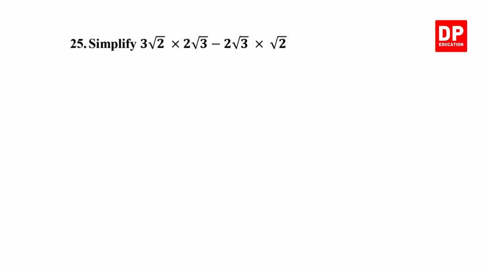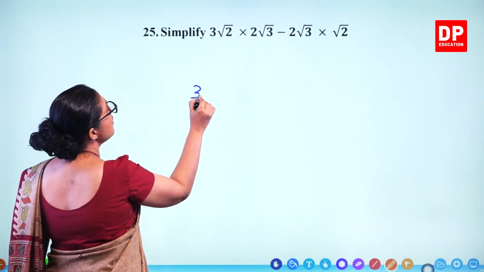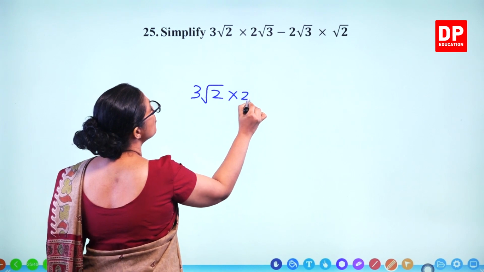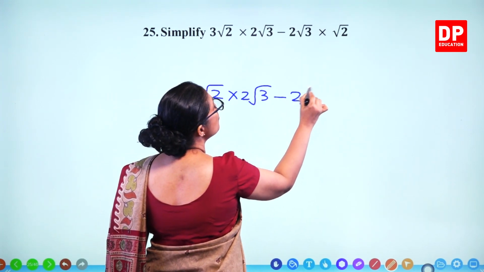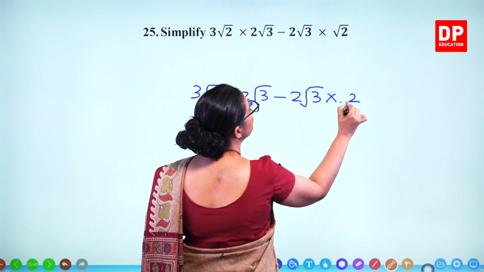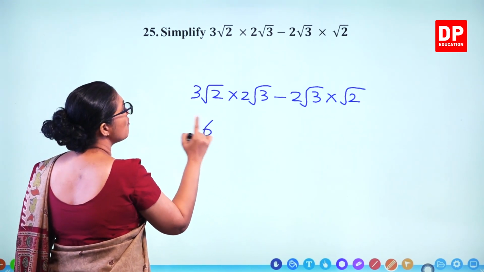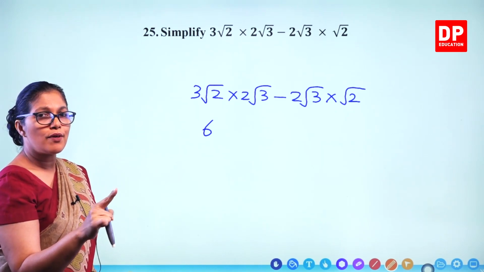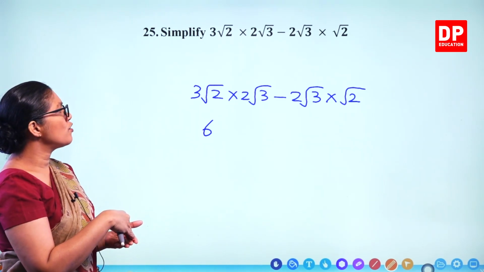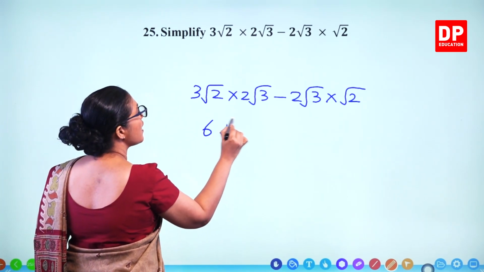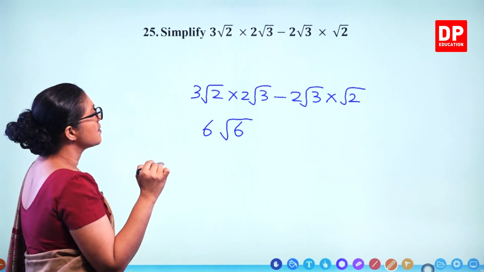25th one, simplify. 3 root 2 into 2 root 3 minus 2 root 3 into root 2. 3 times 2, 6. What is root 2 times root 3? You can put inside the root sign. 2 times 3, 6. So, you can write root 6.